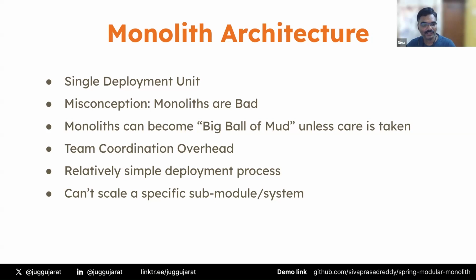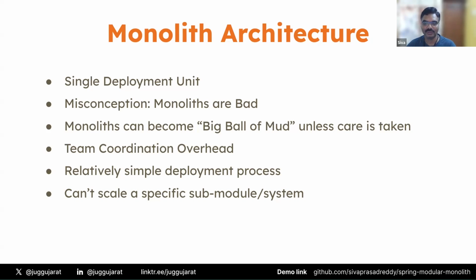And if you think about why monolithic architecture got the bad reputation, usually monolith means a big ball of mud, where each component is tightly coupled with other things, and it is a bit of trouble dealing with and enhancing the monolithic architecture.